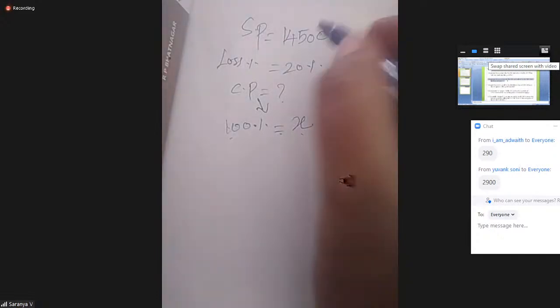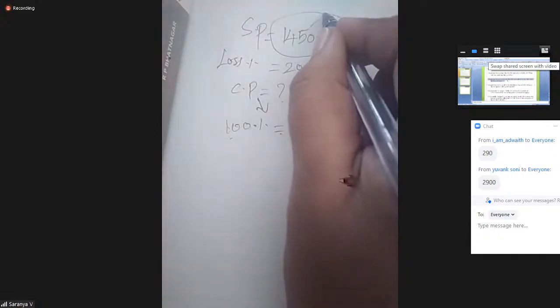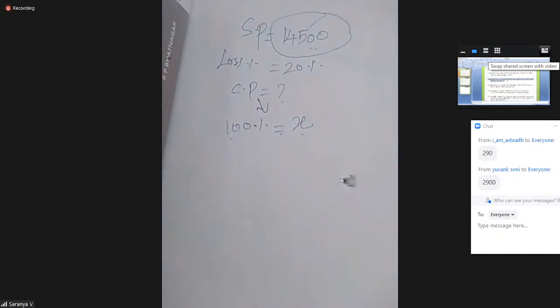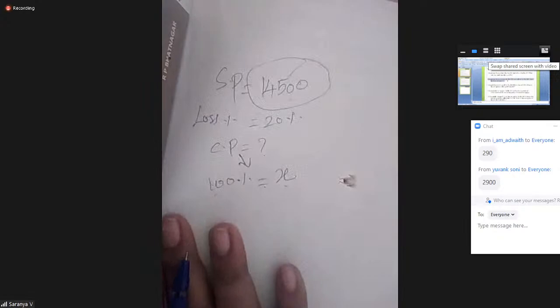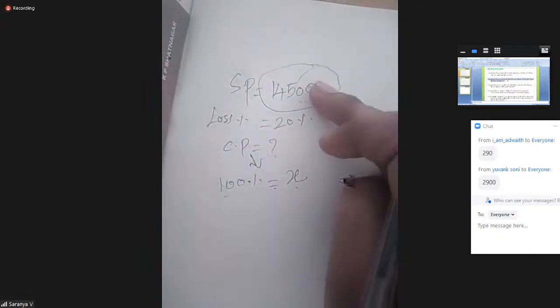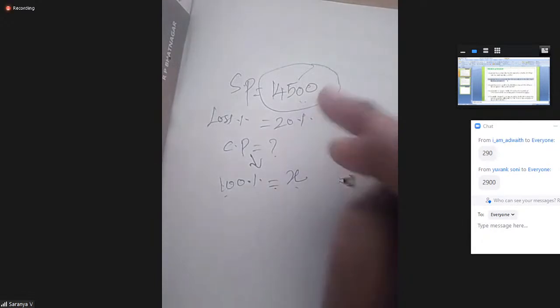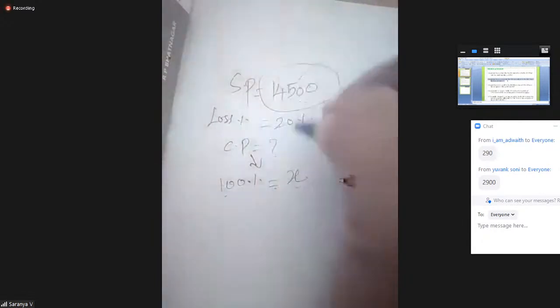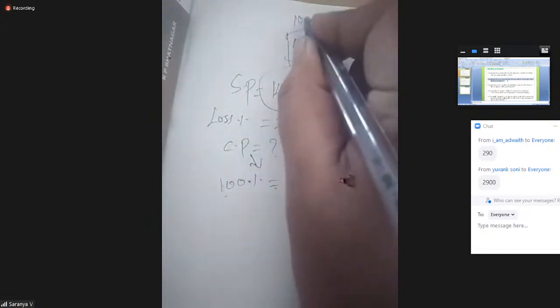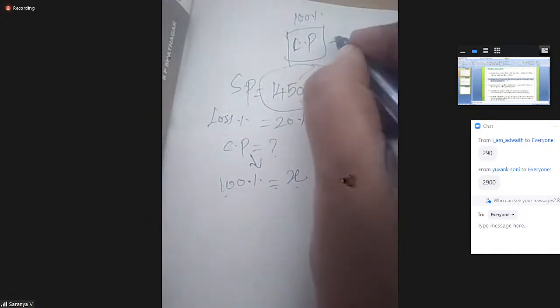This given amount is how much percentage? Always keep in mind you are comparing the selling price, the loss percentage and the profit percentage with the cost price. That means the middle amount is 100 percentage. If it is a profit, add to 100. If it is a loss, subtract from 100.